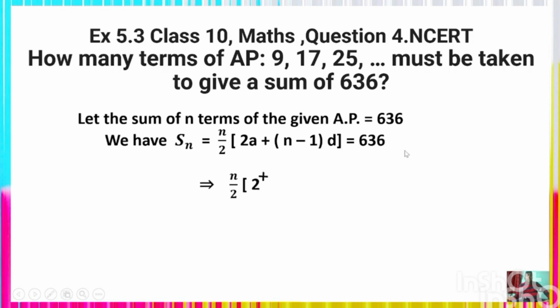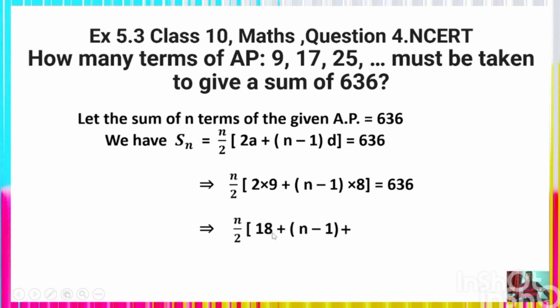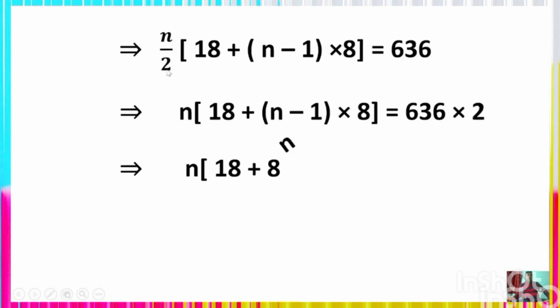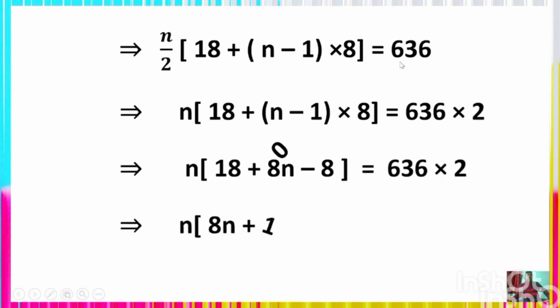Now in place of a you write 9, in place of d you write 8. We get n by 2 whole into 2 multiplied by 9 plus (n minus 1) whole into 8 is equal to 636. Thus we get n by 2 whole into 18 plus (n minus 1) whole into 8 is equal to 636. Here the 2 in the denominator on the left hand side will be transposed to the right hand side.